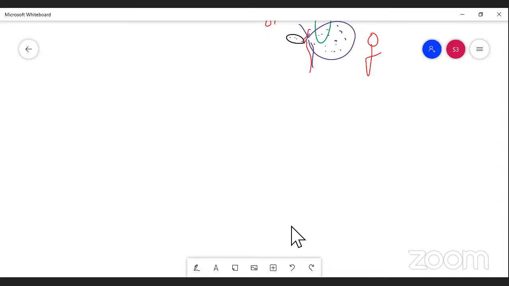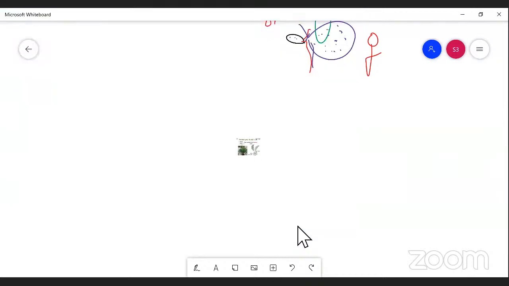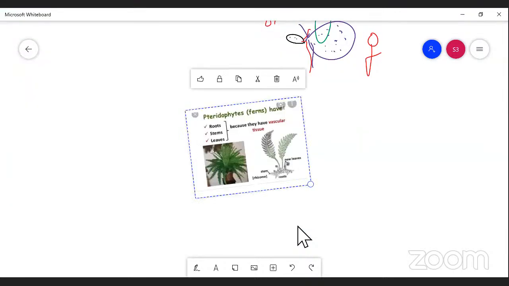My dear students, I am going to show you some pictures so that you can understand, right? Here you can understand very clearly. As I said, this is a pteridophyte member, a sporophytic member.